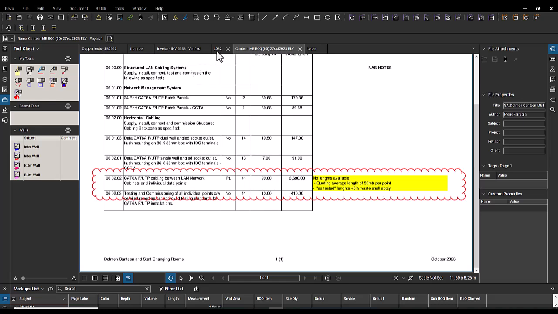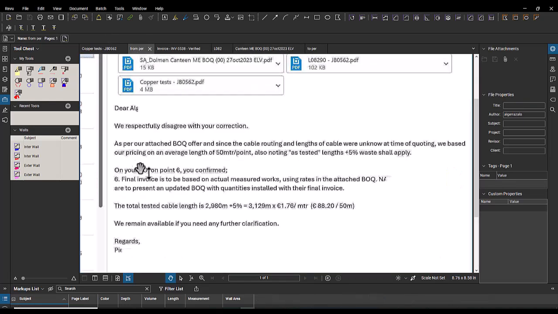And here, on your purchase order point 6, you confirm a final invoice is to be based on actual measured works using rates in that attached BOQ. The subcontractor is to present an updated BOQ with quantities installed on site with their final invoice.